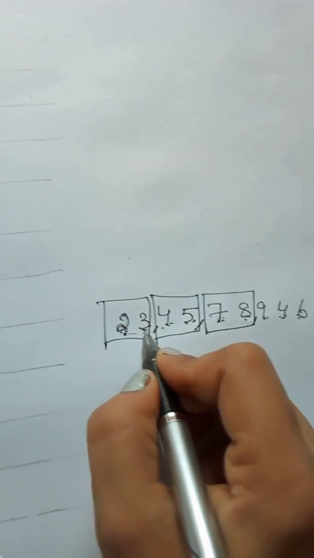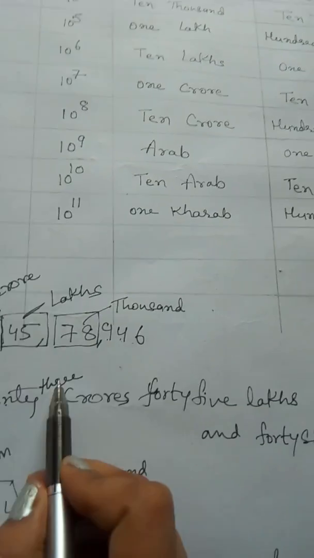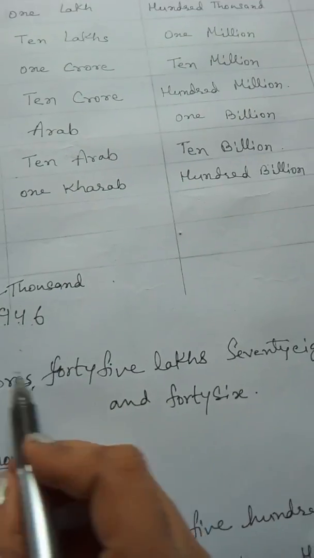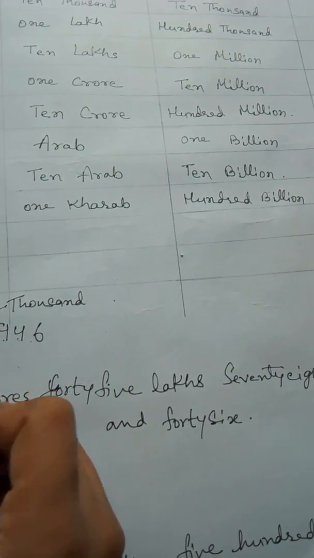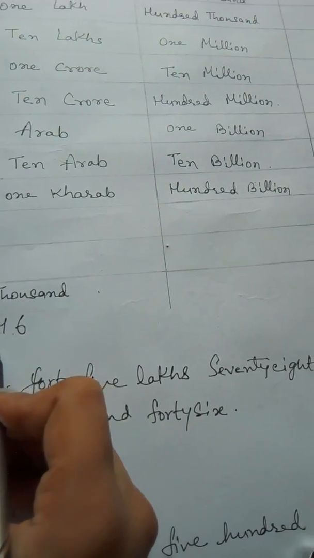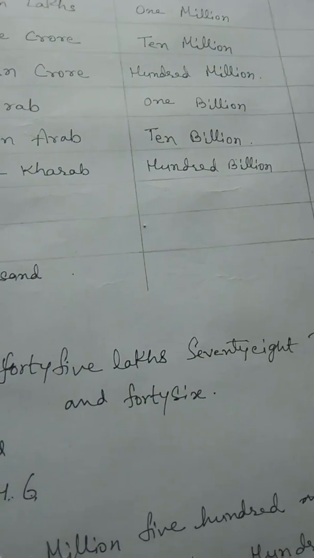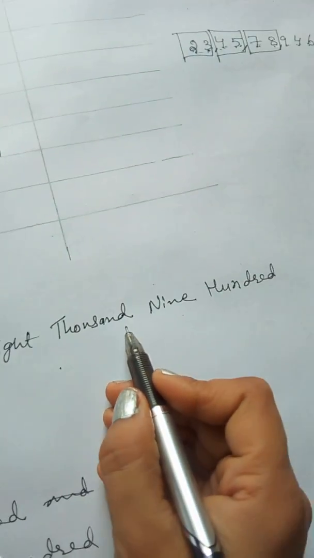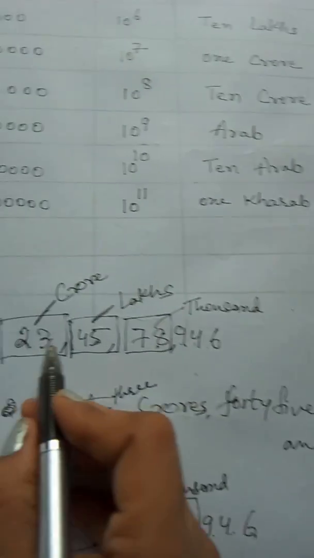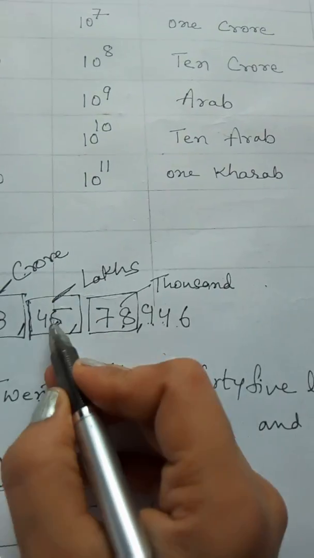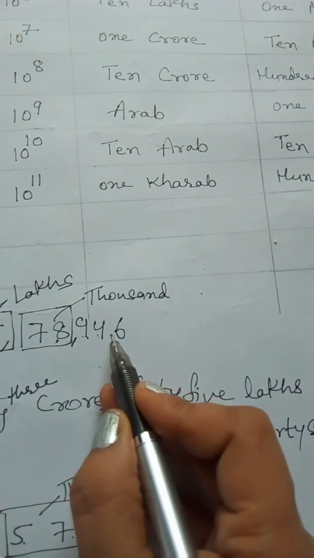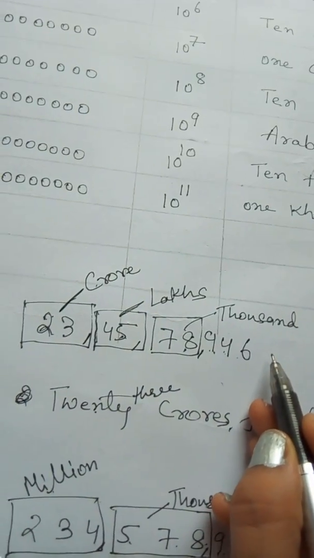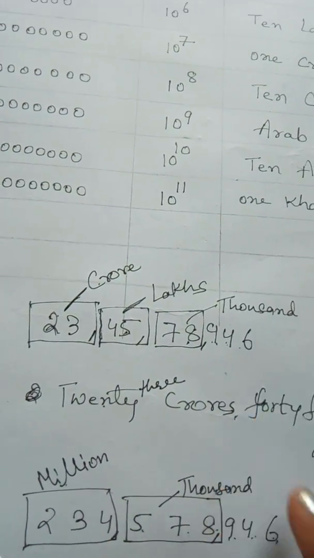How do we read it? 23 crores 45 lakhs 78 thousand 946. So it becomes so easy.